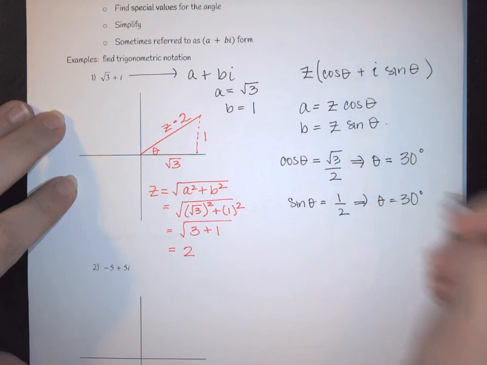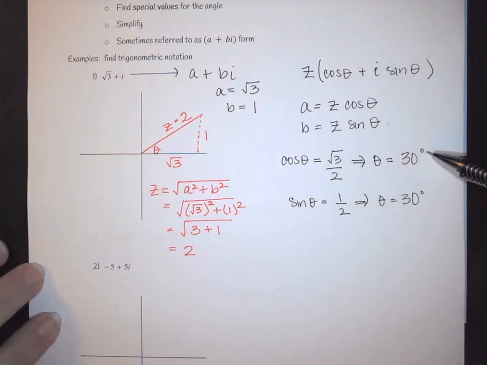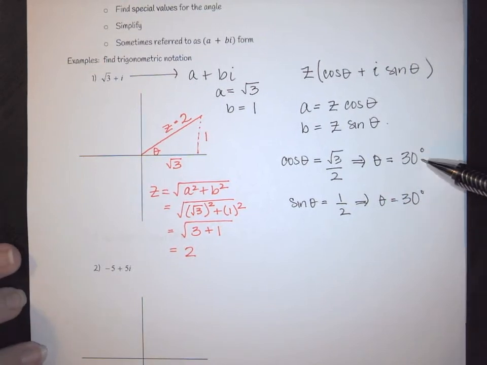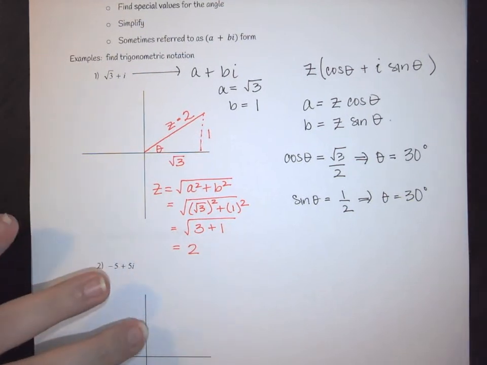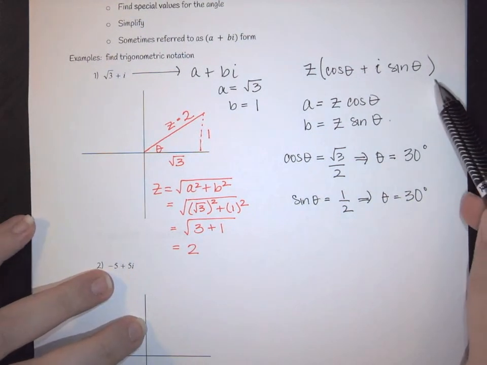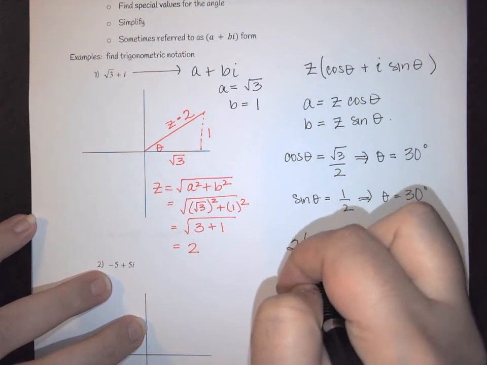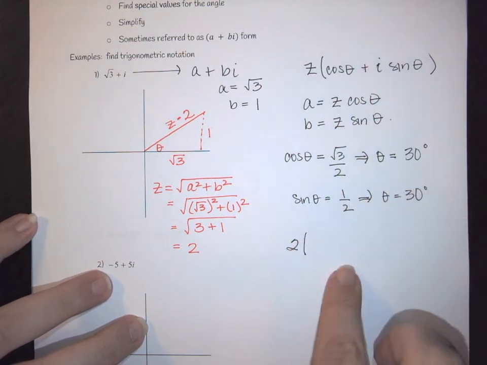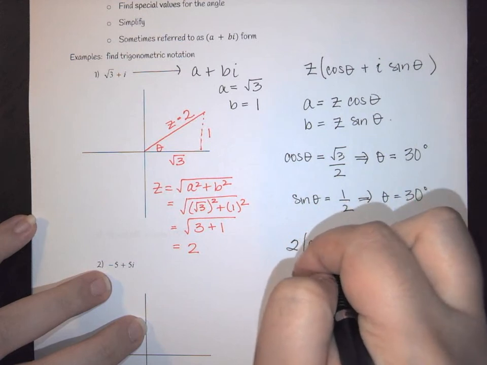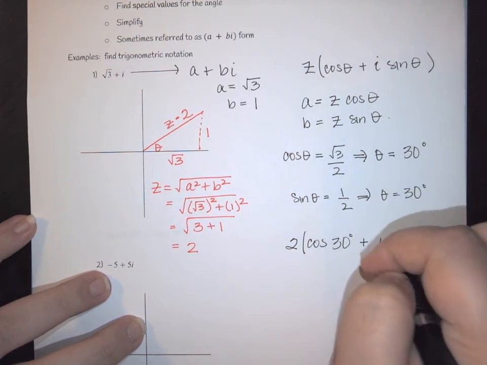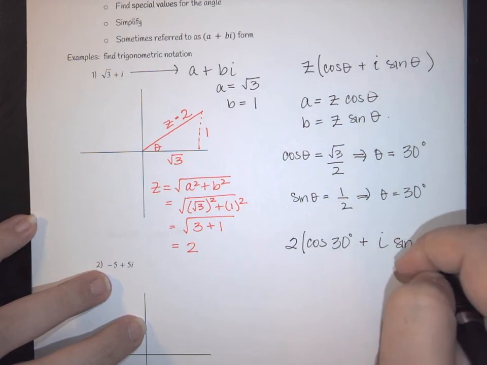So use one to calculate your angle, use the other to check to make sure that you did it right, and then all you simply have to do is plug your information into your formula here. We know z was 2, so this is going to be 2 times the cosine of 30 degrees plus i sine of 30 degrees.